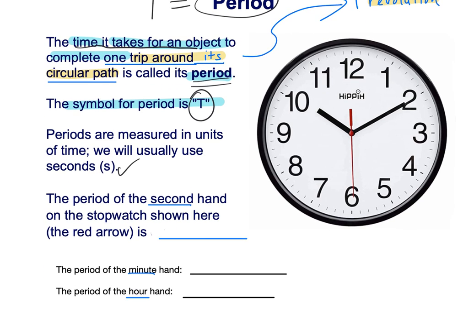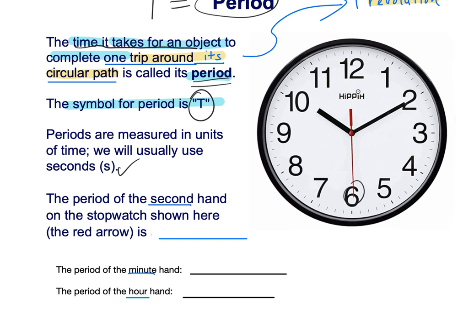Okay, the units are seconds. So let's just practice this. Here's the second hand right here. What's the period of the second hand on a clock? How long does it take for the second hand to go around once, one circle? Well, it takes 60 seconds, right? So in 1 minute, it goes around one circular path.